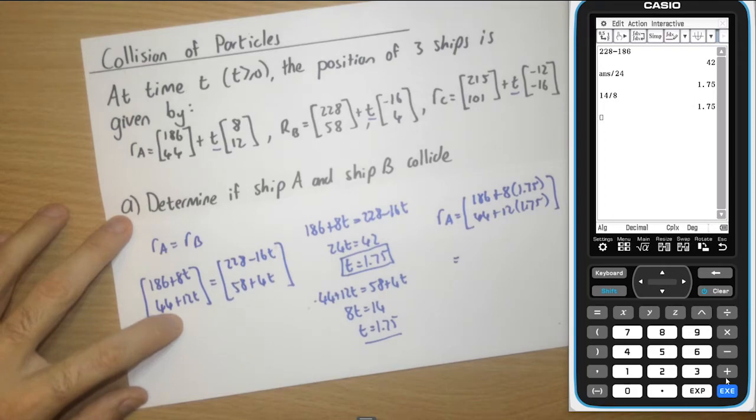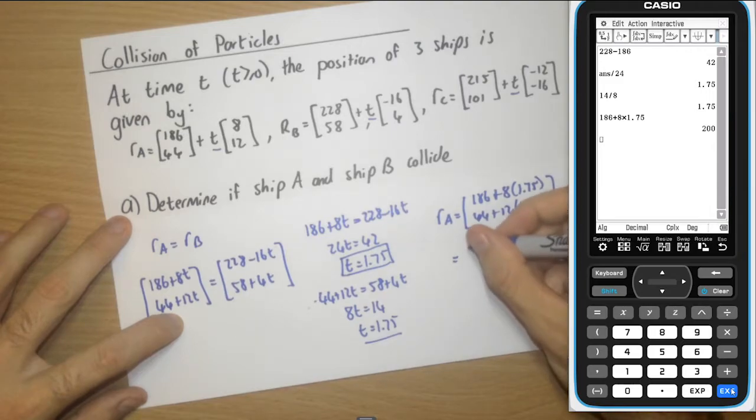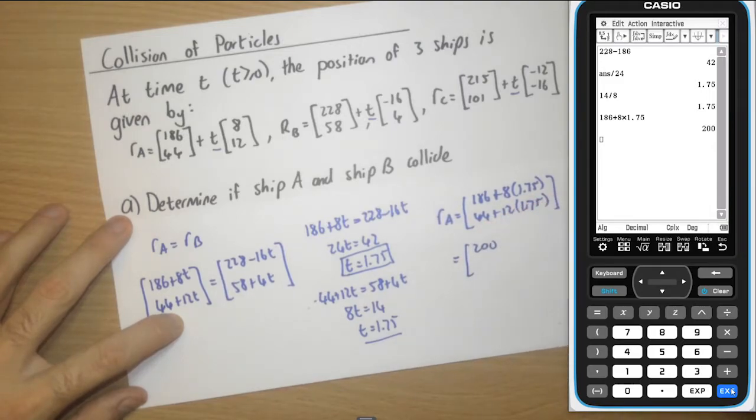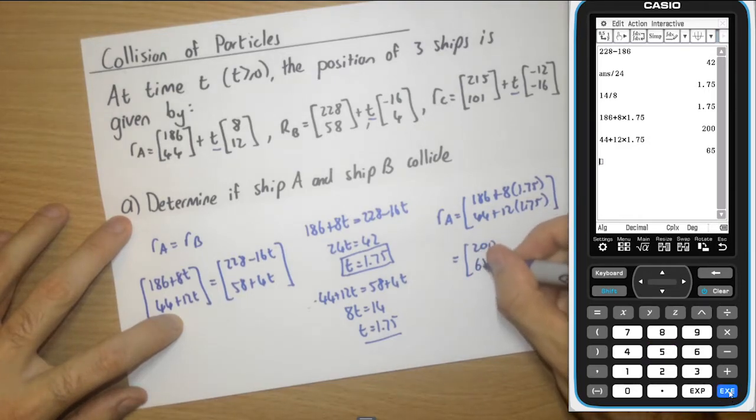And when we do that, we're going to get 186 plus 8 times 1.75, which is 200. At the position 200 in x values, and we're going to do 44 plus 12 times 1.75, and we're going to get 65 there.